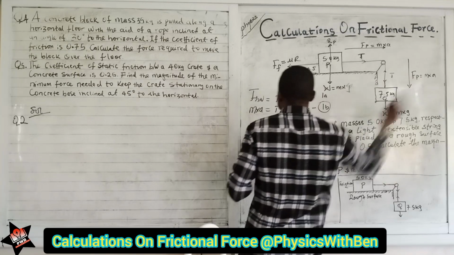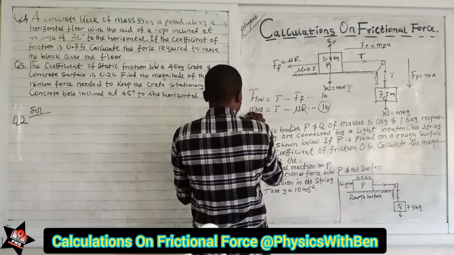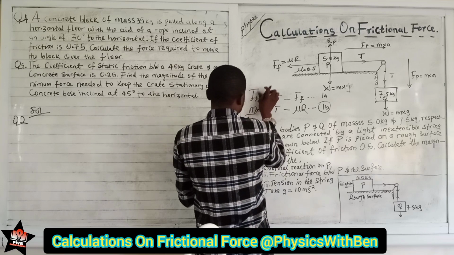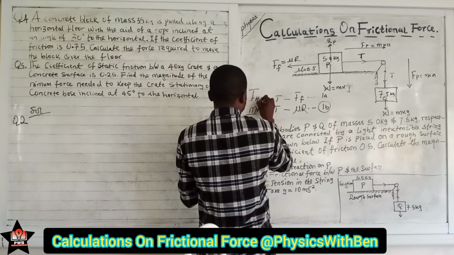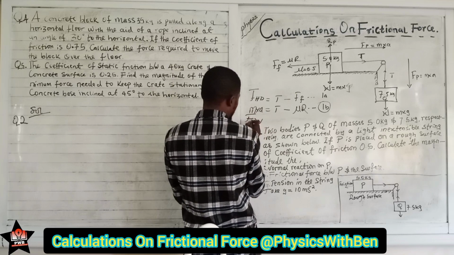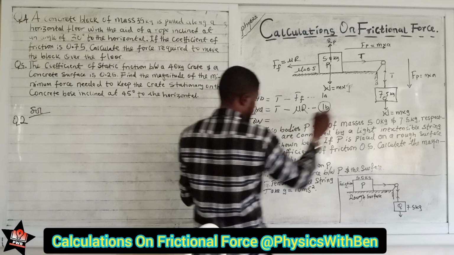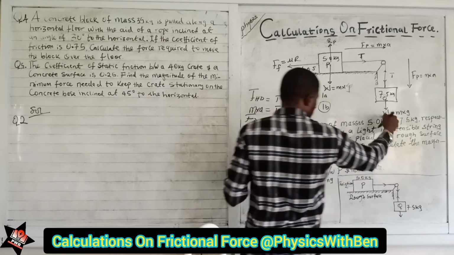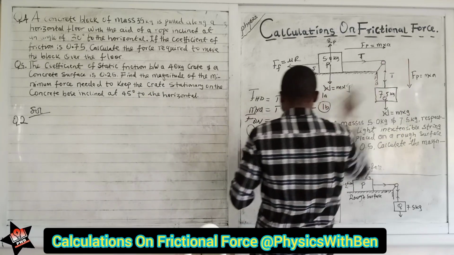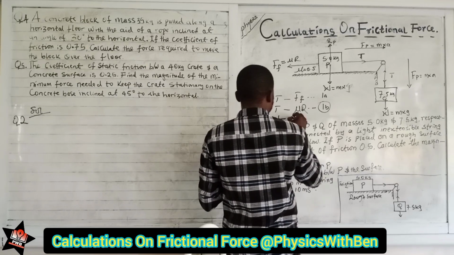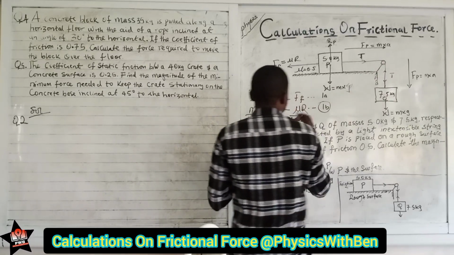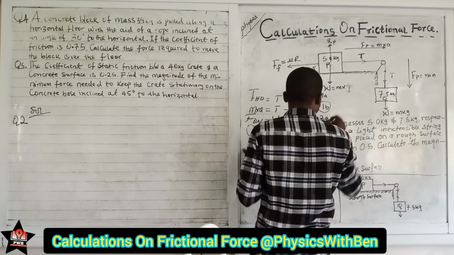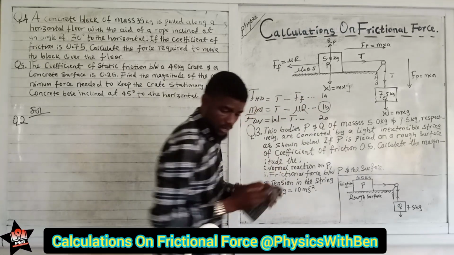So the total downward net force is given to be this weight minus this tension, and we call this equation 2A.